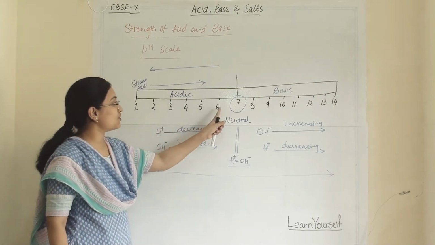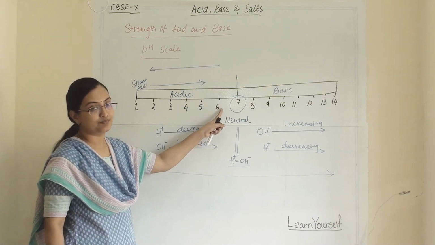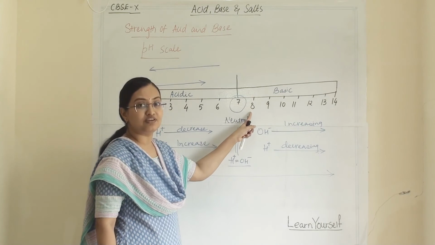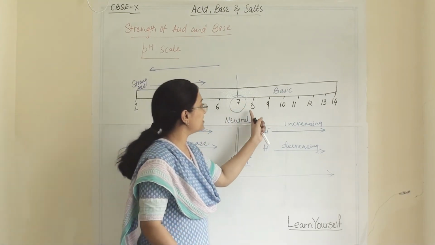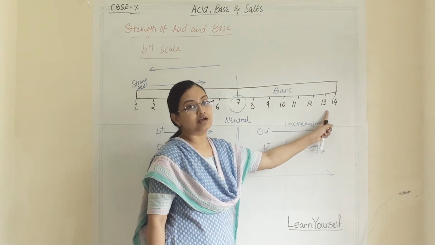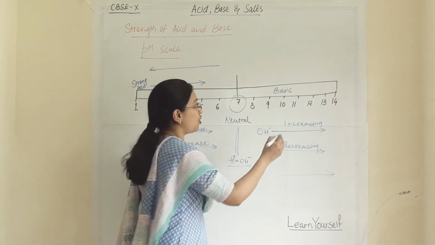So at 6, or between 6 and 7, you can say this is a weak acid. And between 7 and 8, you can say this is a weak base. As you go from 8 to 14, the basic character will become strong, and at 14 that is a strong base.